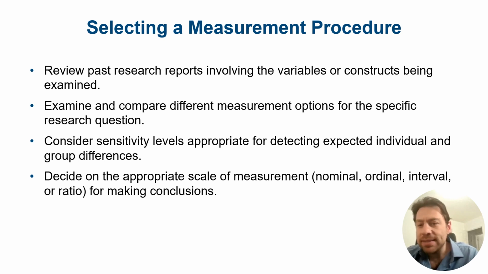Consider sensitivity levels appropriate for detecting expected individual and group differences. So recall our discussion about ceiling effects and floor effects and the importance of sensitivity. And finally, decide on the appropriate scale of measurement, whether it's nominal, ordinal, interval, or ratio, for making the appropriate conclusions in your study.